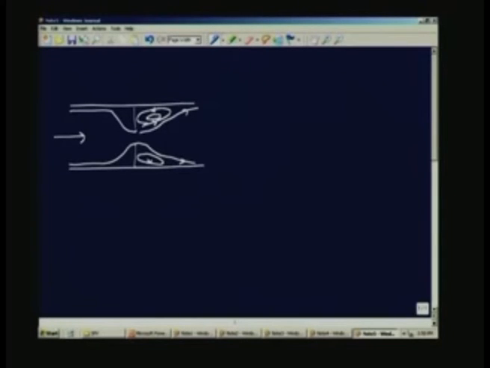And what happens in a circulation pattern? The kinetic energy is converted to internal energy, and therefore some amount of pressure head is swallowed up by this activity, and therefore the pressure recovery is not good, it is poor.